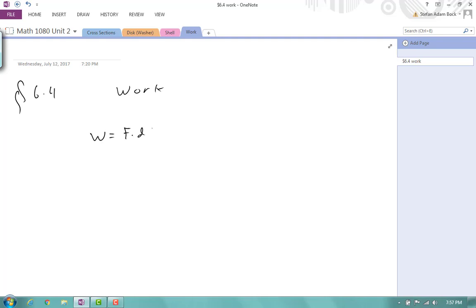So the standard units for work are Newton meters, or if you're using freedom units, foot-pounds.